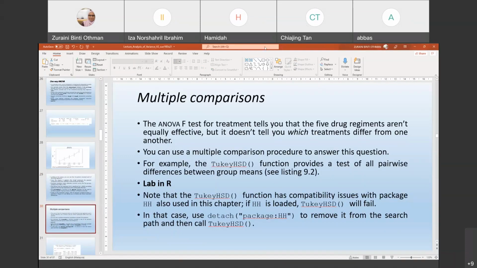Okay, we have one question from the chat. True, Isa? When it is less than the significant value, we reject the null, which is no difference.